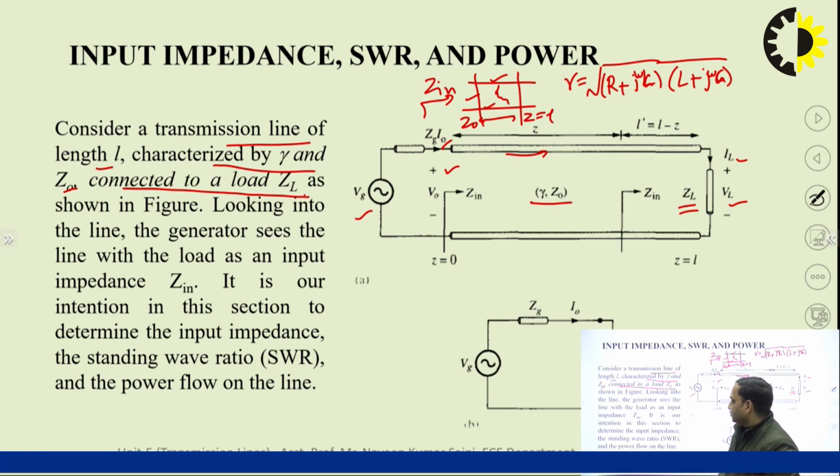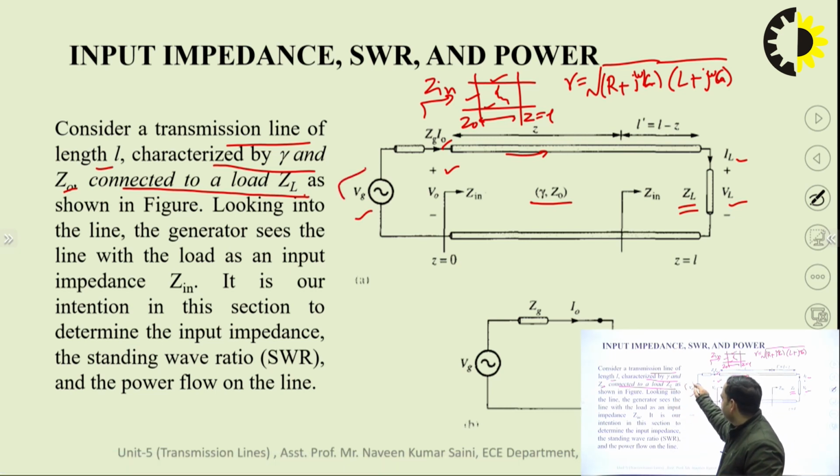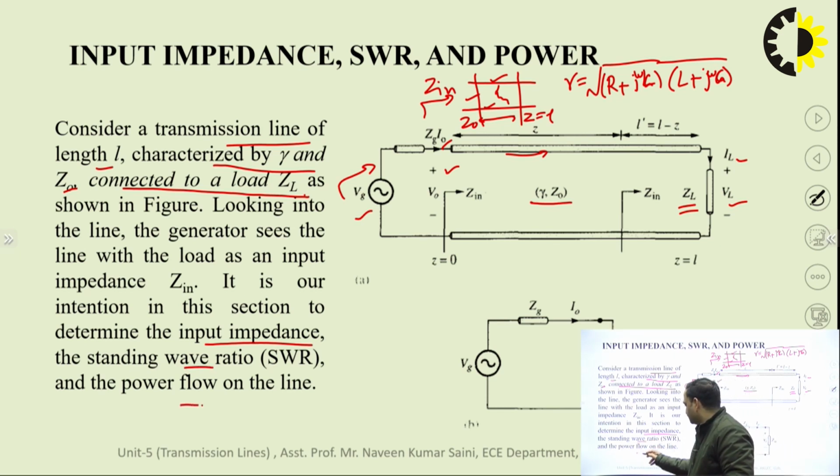We are looking into the line from the generator side and see the line with the load as an input impedance Z in. It is our intention in this section to determine the input impedance, the standing wave ratio and the power flow.